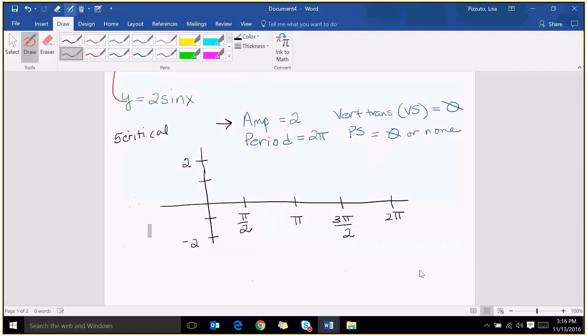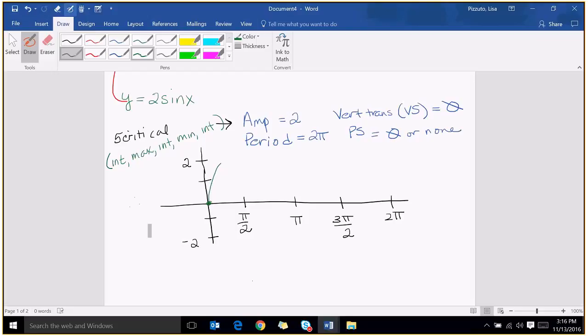All right, so the 5 critical points. Now, this is the really important part. It makes it much easier for graphing. For a sine function, it's the intercept, then the maximum, then an intercept, then the minimum, and then an intercept to graph one period. So remember that. For this function, we're going to start at the intercept.